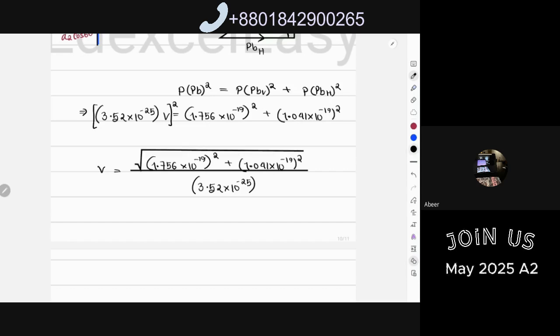Okay, now if you calculate it, that will give you the final answer, the velocity of lead. And that is your correct answer also.